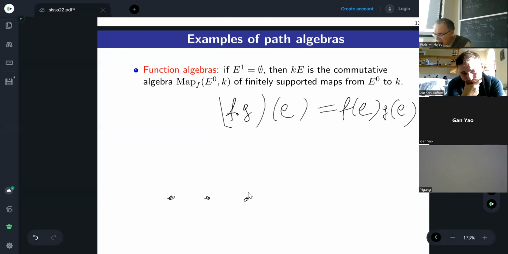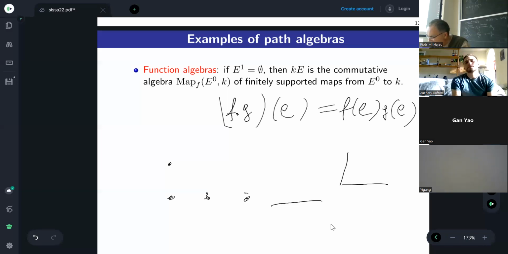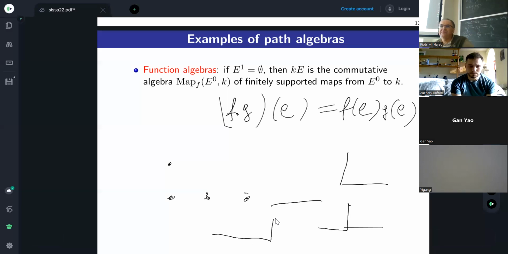My basis has 3 elements: one function is 1 here and 0 there, another function, and a third function. They all are orthogonal projections. They multiply to 0. When you take the linear span and multiply functions, you'll see that it's pointwise multiplication. No convolution, no L1, nothing.